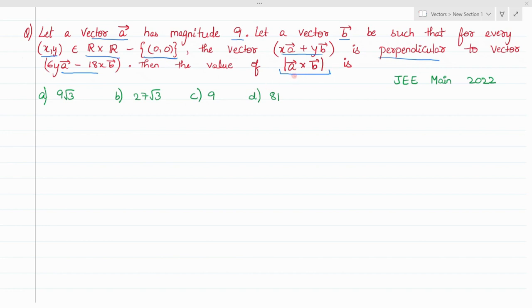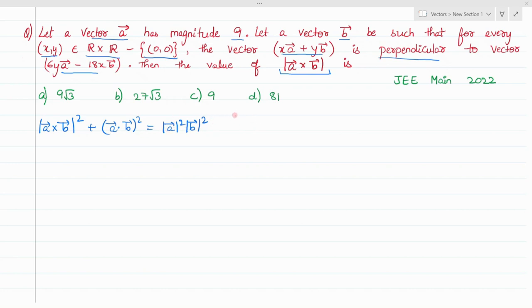For mod A cross B, we can use this property: A cross B whole square plus A dot B whole square is equal to mod A square mod B square. We just know the value of mod A square. We need to find the value of mod B square and also the A dot B value.